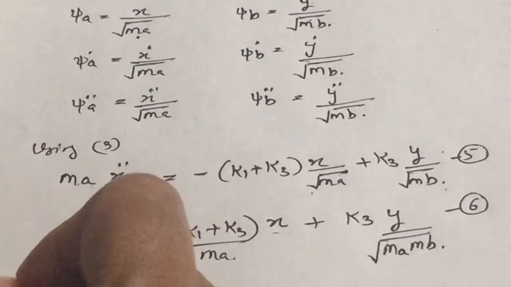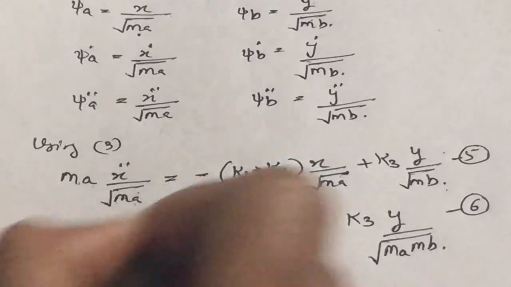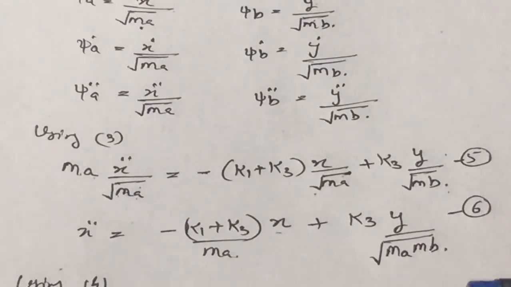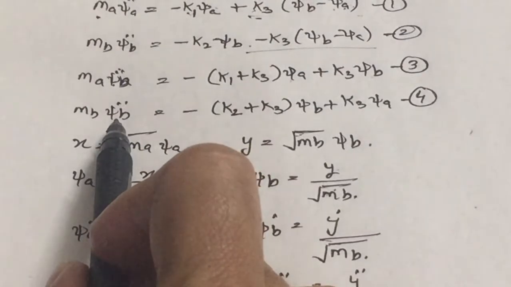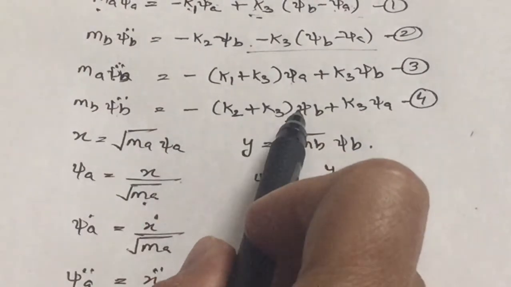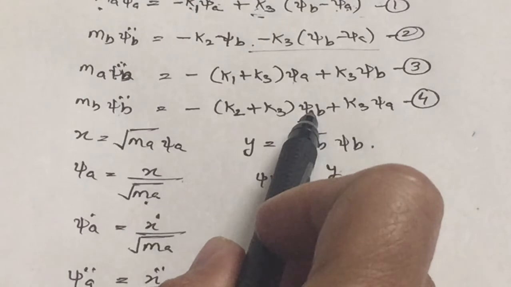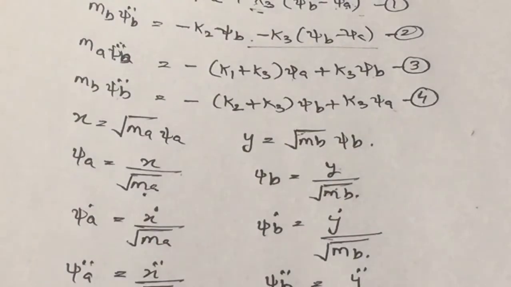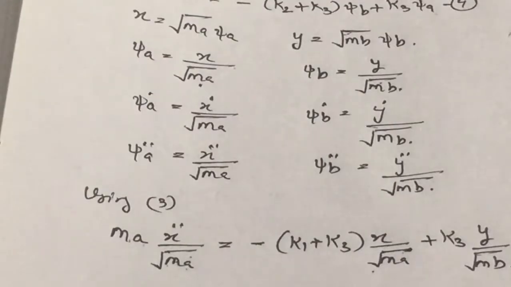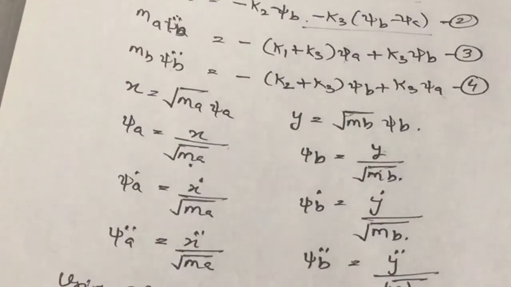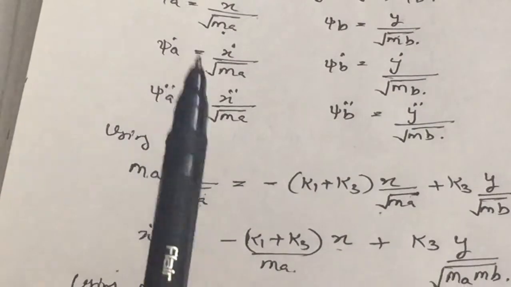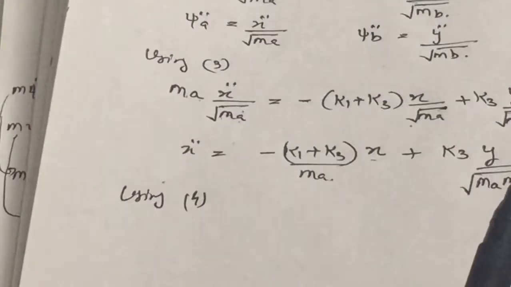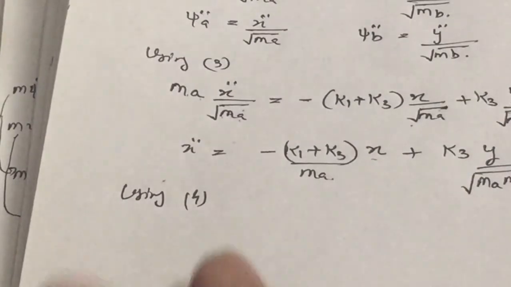Similarly, if we use equation number 4, and use the values of psi b and psi a in terms of x and y, using equation number 4, what will we get?